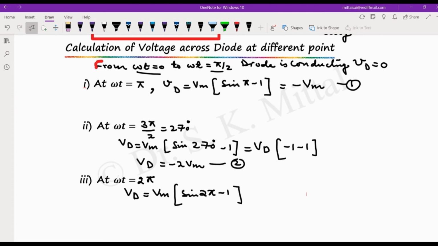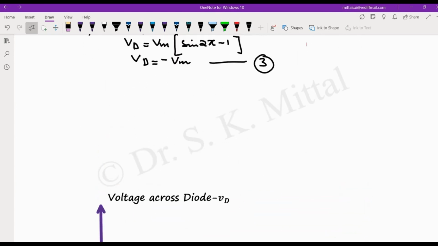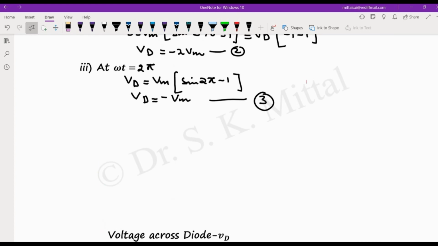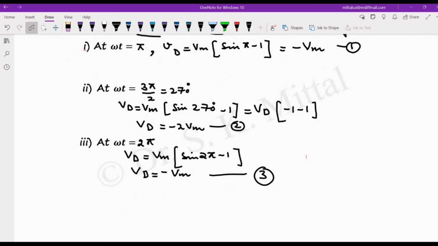And if you put the value of 2 pi, then Vd is equal to minus Vm, because sine 2 pi is equal to 0. So now these are the values at omega t is equal to pi, 3 pi by 2, and omega t is equal to 2 pi.